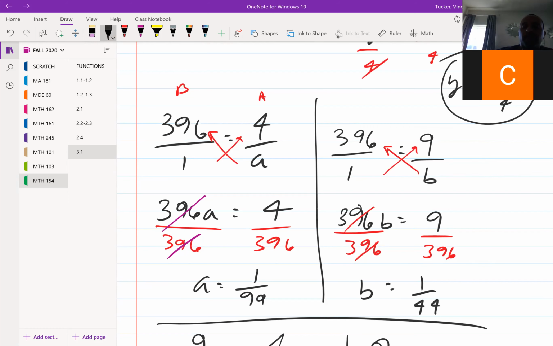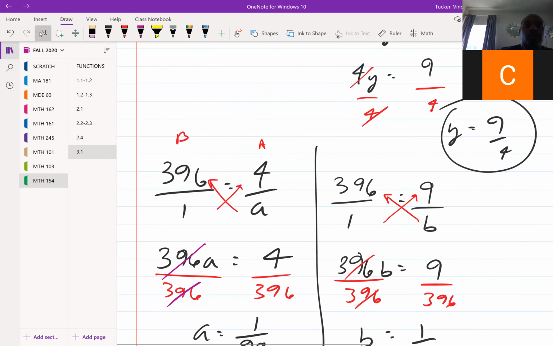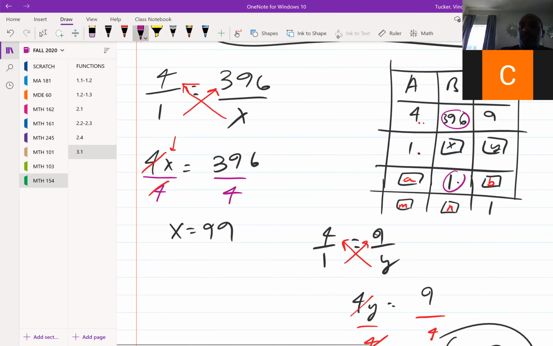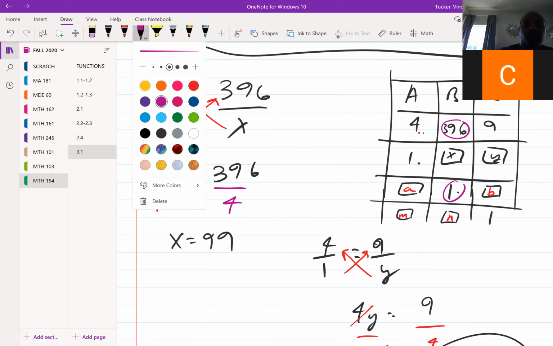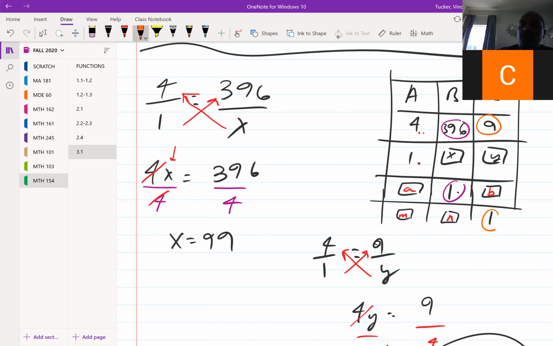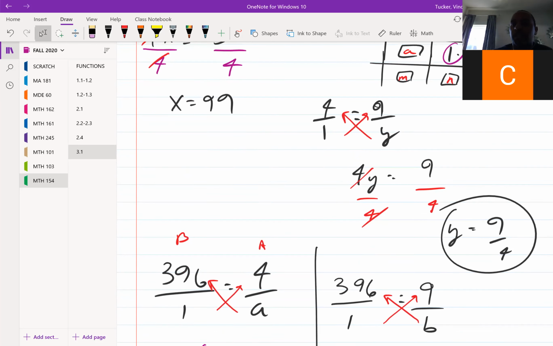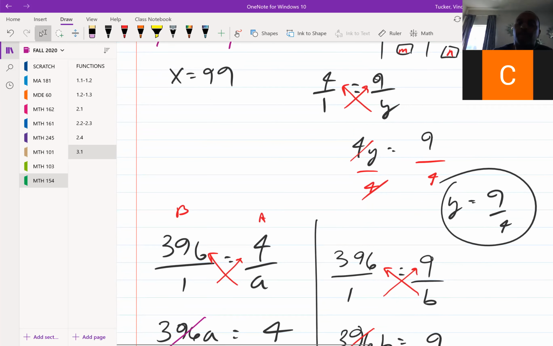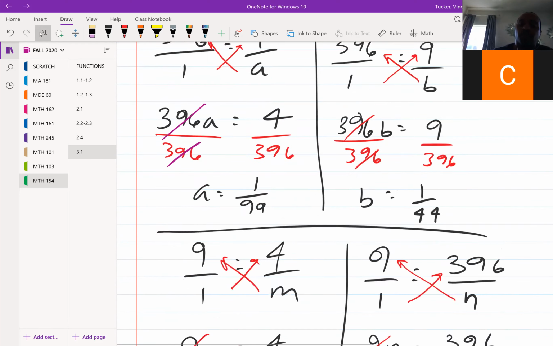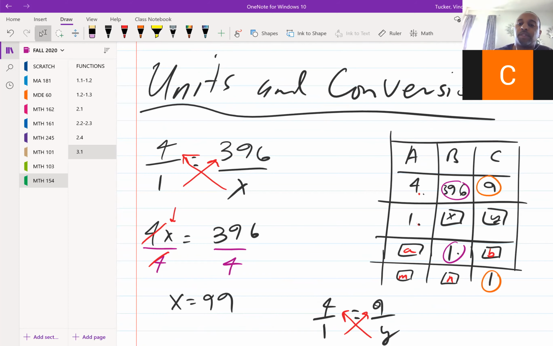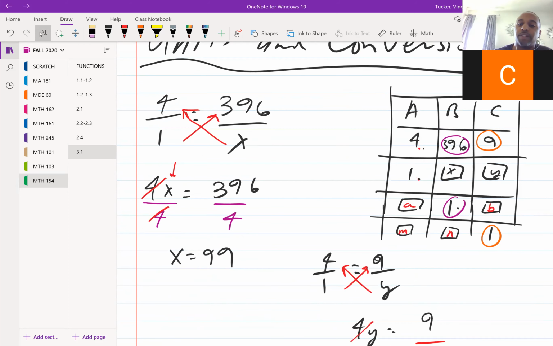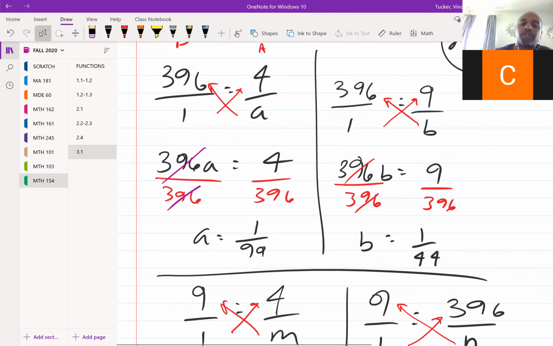All right, then to find that last row, the last piece is missing in that last row. This time we are looking at 9 and 1 as our standard ratio. And then we'll use that ratio to find the other two. Decide to call them M and N. So to find M, I'm looking at 4 over M. And then for B, it would be 396 over N. Setting those equal to that 9 over 1.